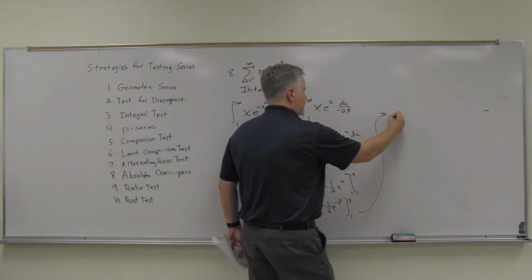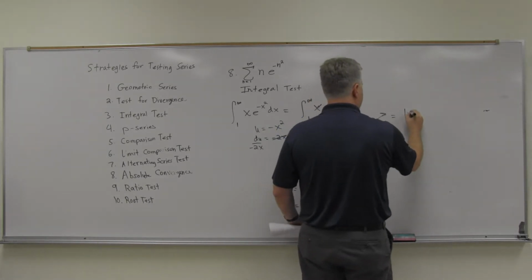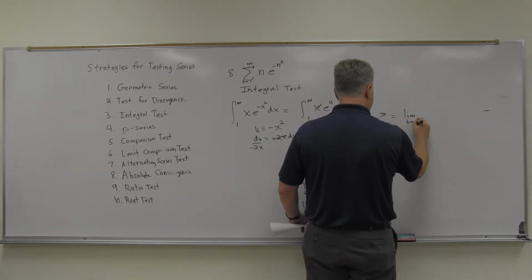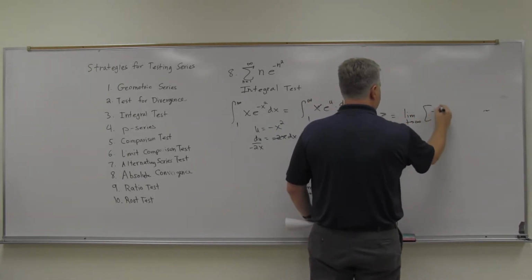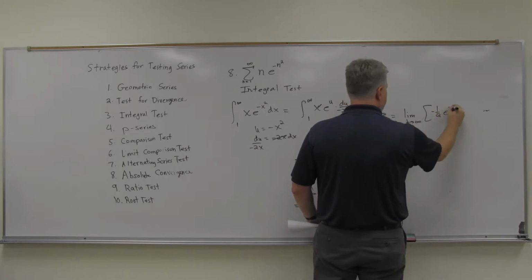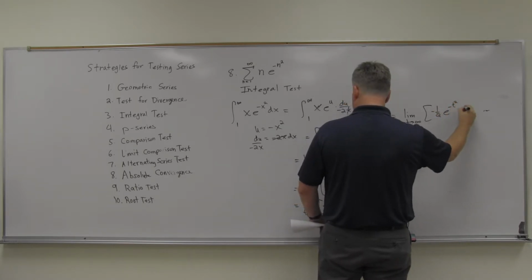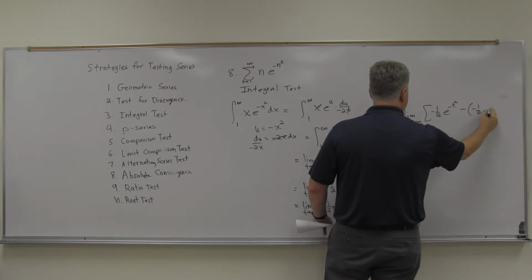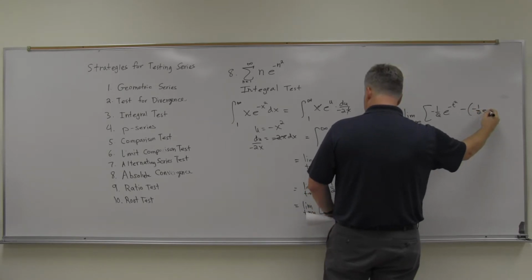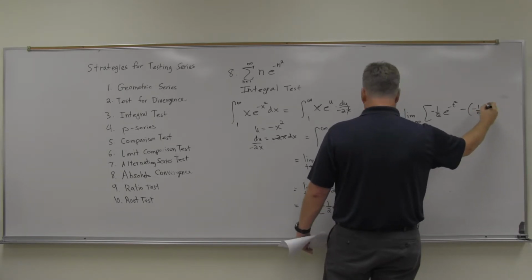So what I'm talking about here is the limit as t goes to infinity of negative 1/2 e to the negative t squared minus negative 1/2 e to the negative 1.